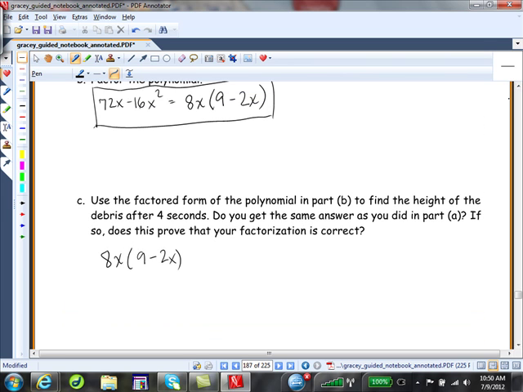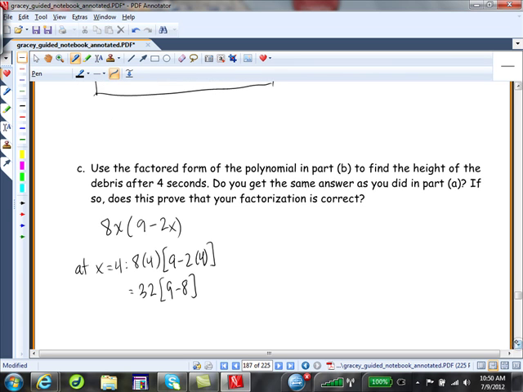And then at x equal 4, we'll have 8 times 4 times 9 minus 2 times 4. So we're plugging in 4 for x. That's going to be 32 times 9 minus 8, which is 32 times 1, which is 32 feet.